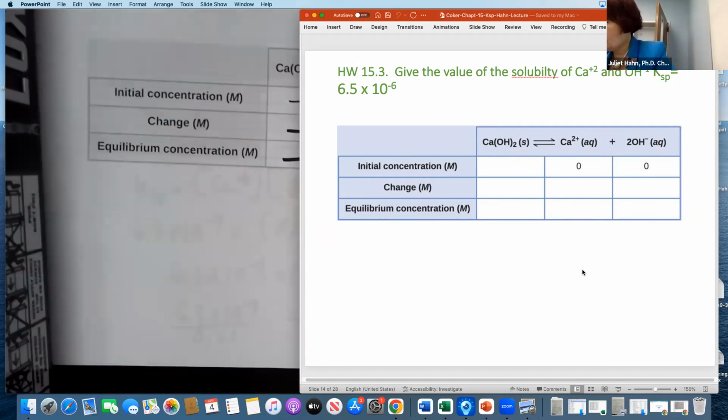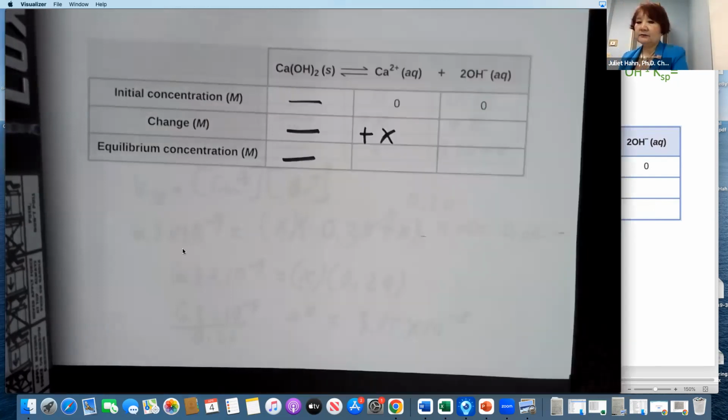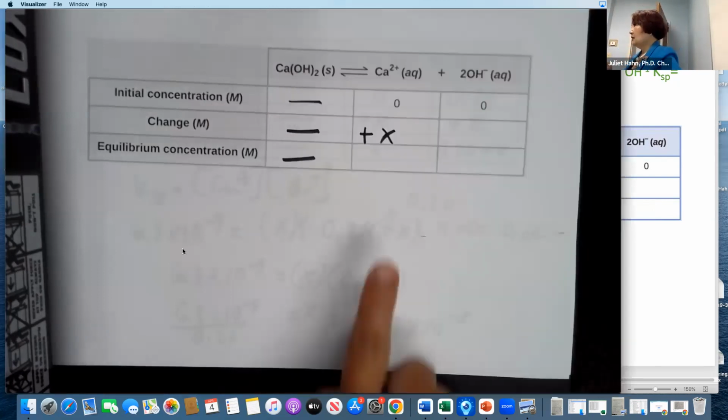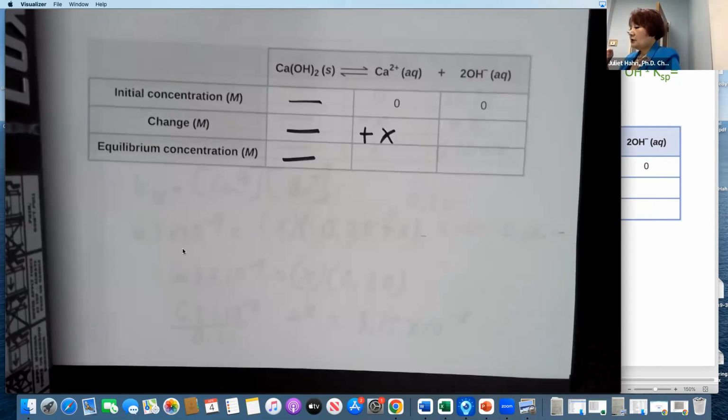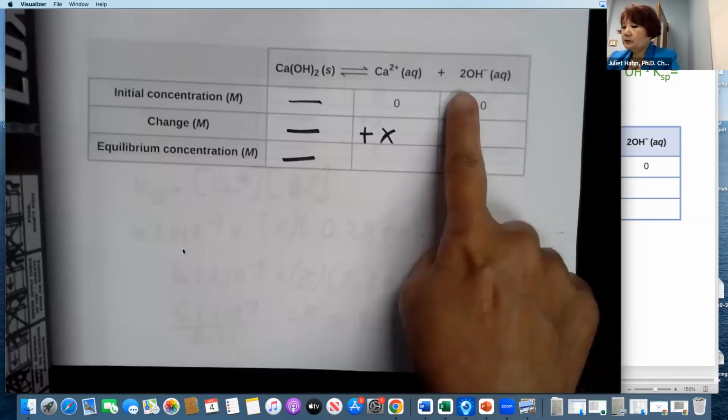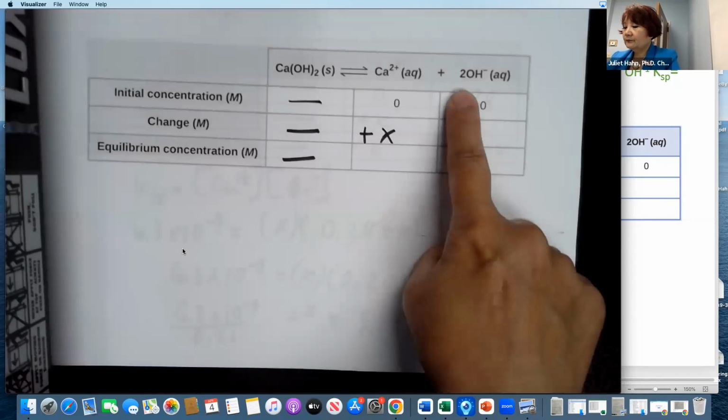So I get a change of plus X for the calcium. And what about the hydroxide? Well, if you started out with 1 mole of calcium hydroxide, you would produce 1 mole of calcium ions, but you would produce 2 moles of the hydroxide because the ratio here is 2 to 1.